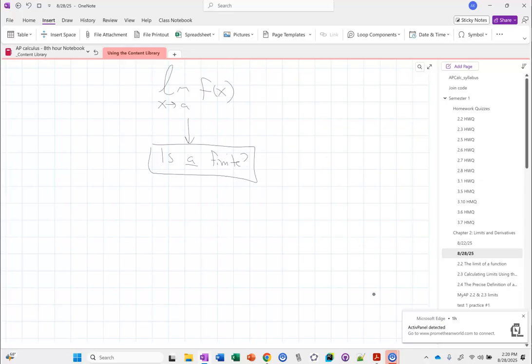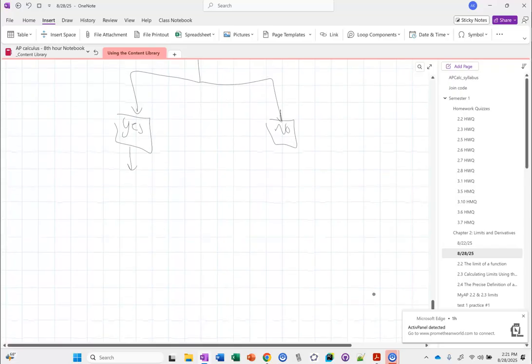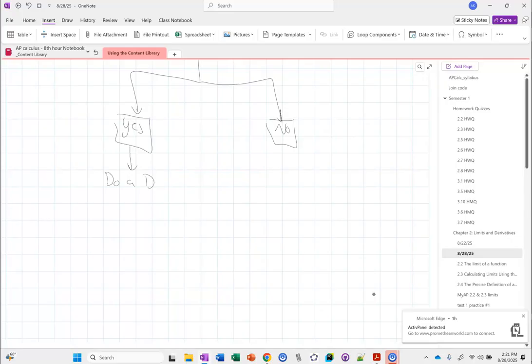It means that A is a number rather than positive or negative infinity, right? So if it is finite, we'll do one set of stuff, and if it's not finite, we'll do another, okay? So if it is finite, you should just start with the direct substitution.